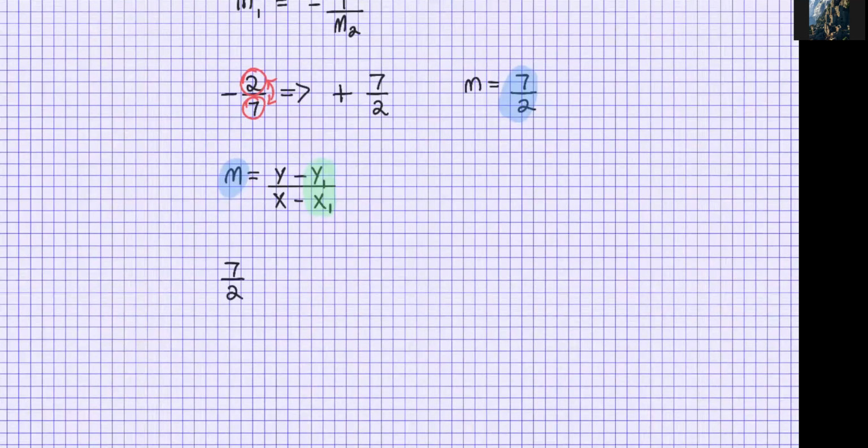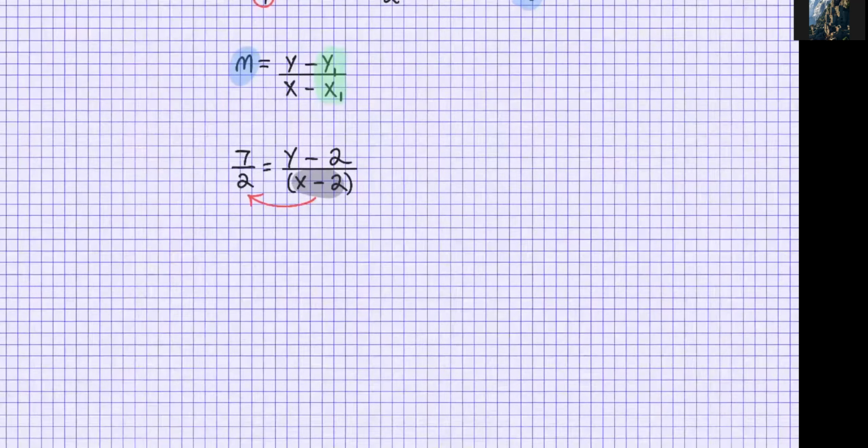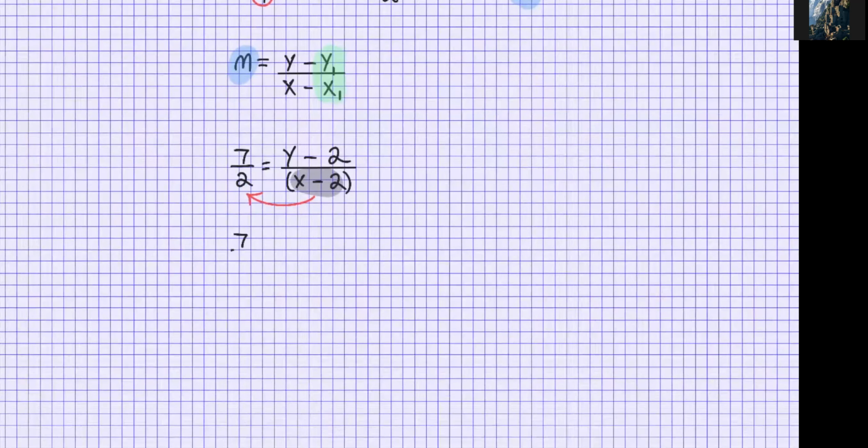Slope is 7/2, and this is equal to y minus 2, and everything will be divided by x minus 2. Same way as before, x minus 2 is a whole term that is dividing. It goes onto the other side, multiplying. So we have 7/2 of x minus 2, and this equals y minus 2.